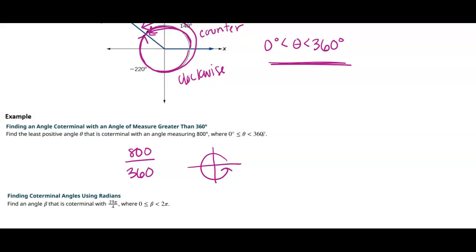So I know that this would go around twice to get to 720, and then there would be 80 degrees left over. So that coterminal angle, there's no official way to do this, so we'll say the coterminal angle would be 80 degrees.